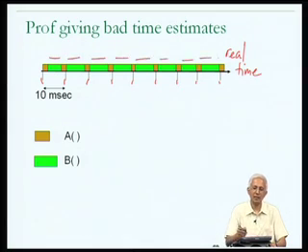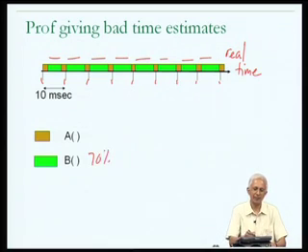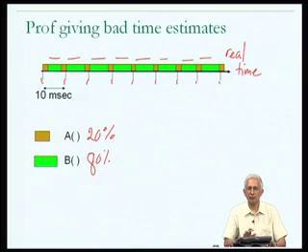Therefore, realistically, if you look at this diagram, you might say function B is running for about 70% or maybe even 80% of the time, and function A is running for about 20% of the time. And therefore, if I had to optimize one of these functions, I would try to optimize function B. But what is the output from Prof going to be for this particular program?